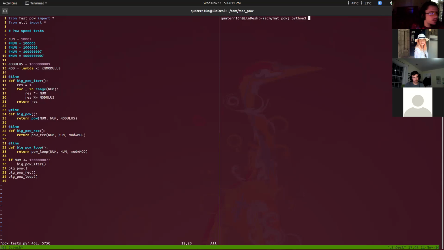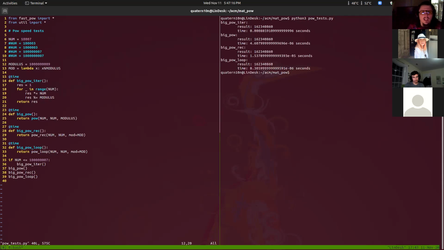So if I go ahead and run this, as POW tests, you can see already the iterative POW is relatively slow. The recursive POW is slightly slower than the looping POW, but the looping POW function that I wrote is slightly over half as slow as the built-in POW function, which I would guess would be written in C. It could be written in Python, but if I had to guess, it's probably using a similar algorithm.